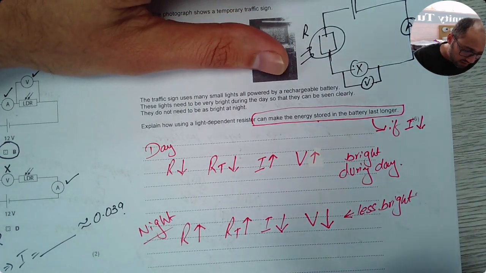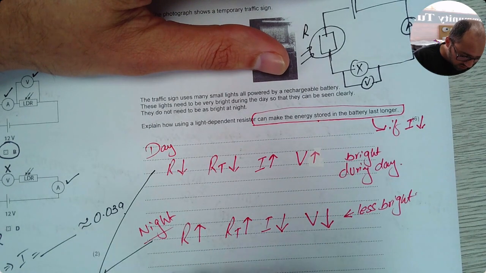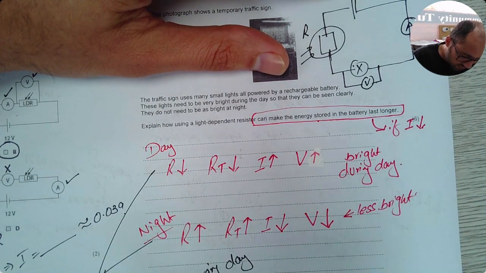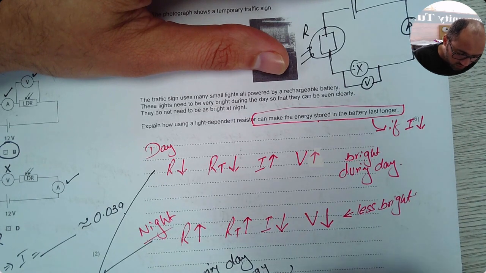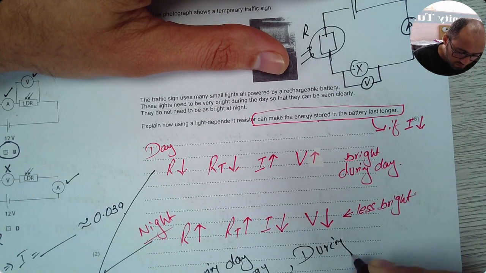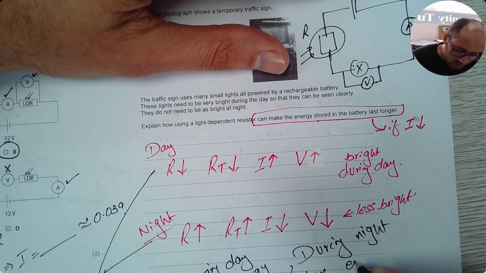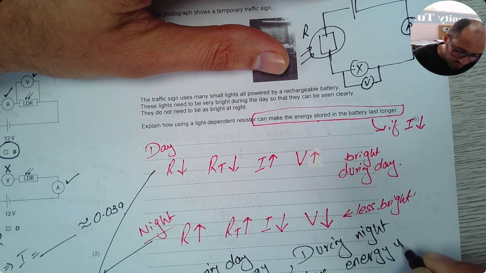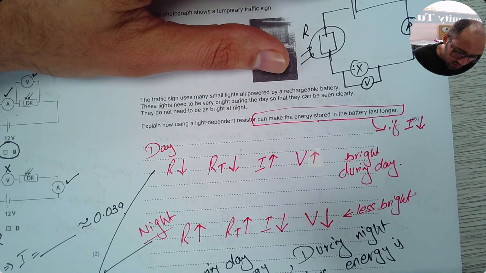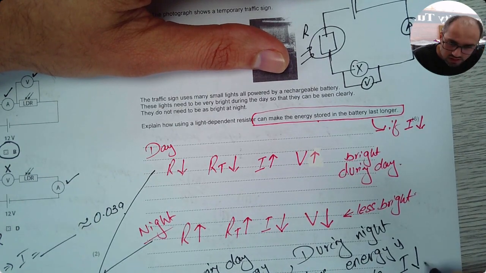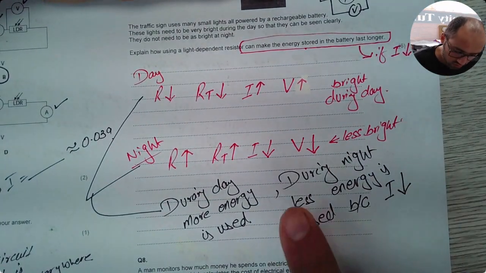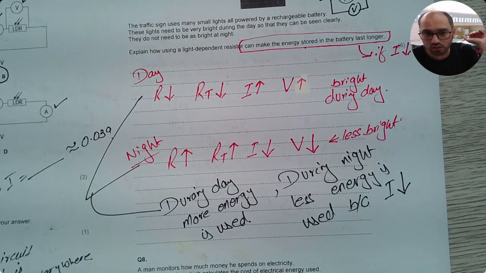So I can then say, based on these two conditions, during day, more energy is used. But during night time, less energy is used because current falls down.